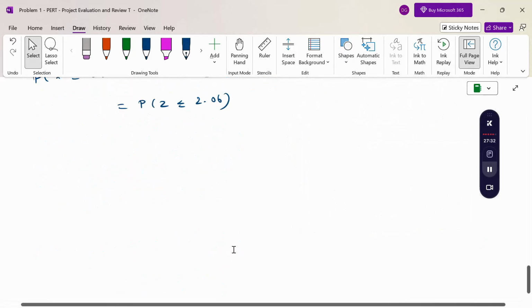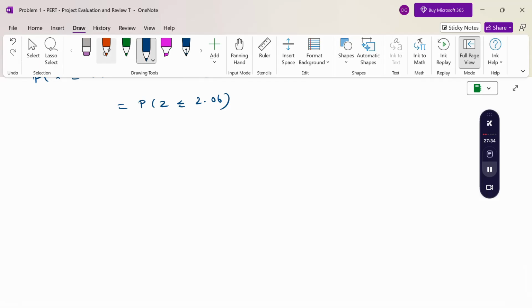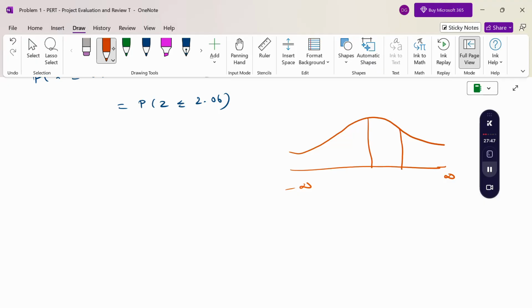Generally the normal curve is a bell shaped curve, from minus infinity to plus infinity. Here 0 is in the middle and this is 2.06.